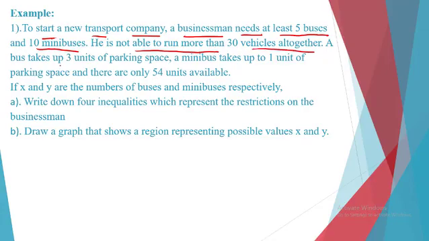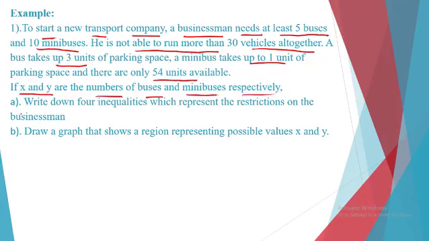A bus takes up to 3 units of parking space. A minibus takes up to 1 unit of parking space, and there are only 54 units available. If X and Y are the numbers of buses and minibuses respectively.